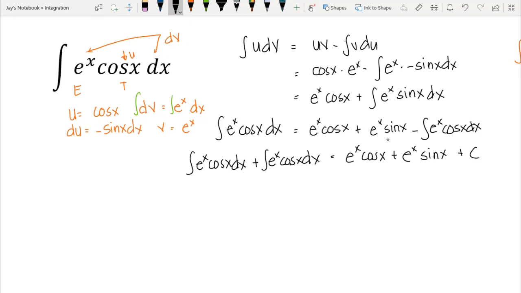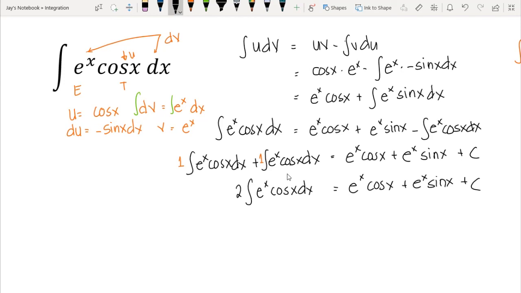Now, if we combine these two terms, take note they have a coefficient of 1. So we combine them, and we have 2 times the integration of e raised to x cosine x dx, that is e raised to x cosine x plus e raised to x sine x plus c.